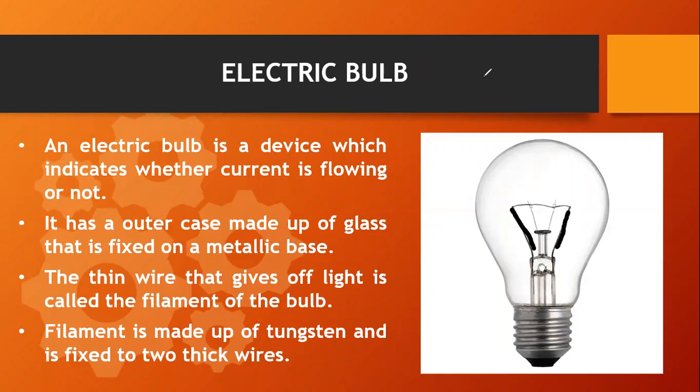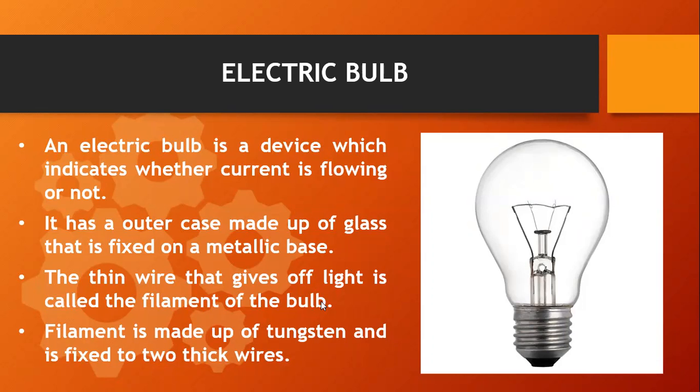Okay, so with the help of a wire, this filament is placed inside the bulb. It's a very important component in the bulb, which is filament. The filament is very important because only the filament in the bulb helps it to glow. If filament is not there, the bulb cannot glow.